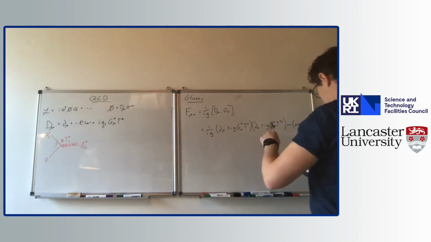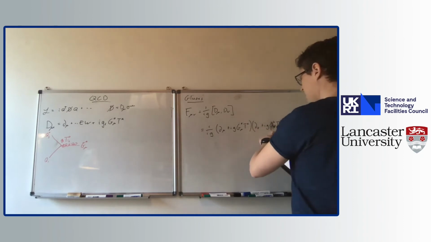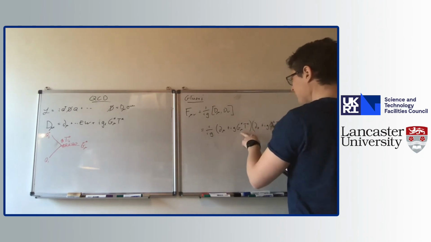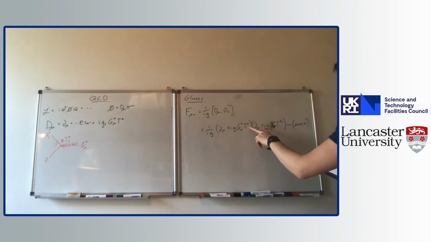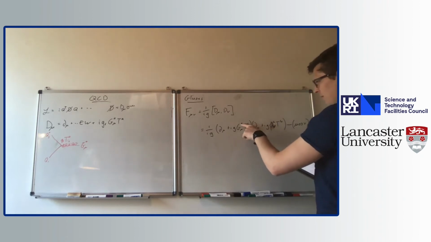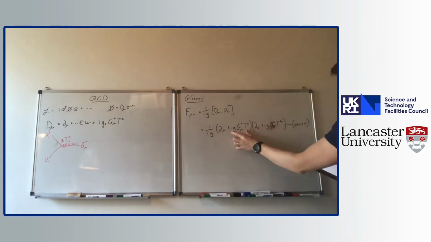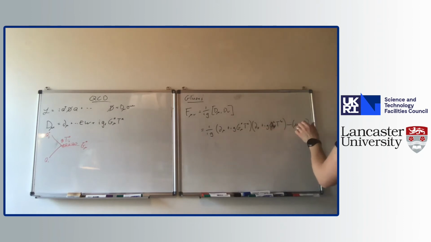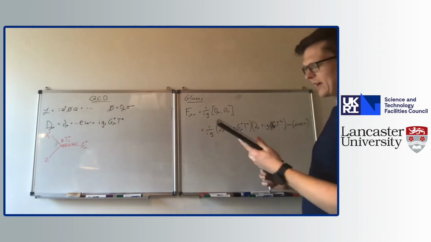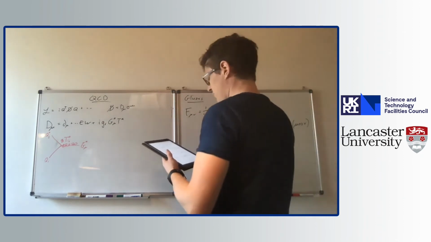But these bits will also cancel, because you can swap the labeling of A and B, and so the bit multiplying this will give you the same thing, practically speaking, as in here, just with a swap of indices, and that will cancel. But the bits that don't cancel will give us the following terms.